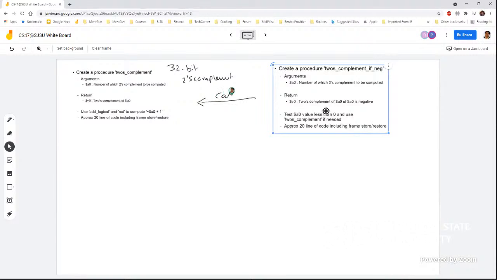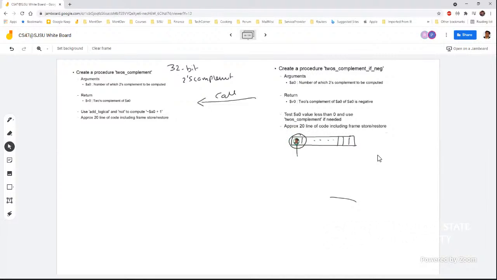But before that, it's a two's complement if negative, right? So how do you test if it is a negative number or not? Since we are following two's complement format, you need to test the MSB of your number. So let's say this is your register, it has 32 bits in it. Just test this bit.